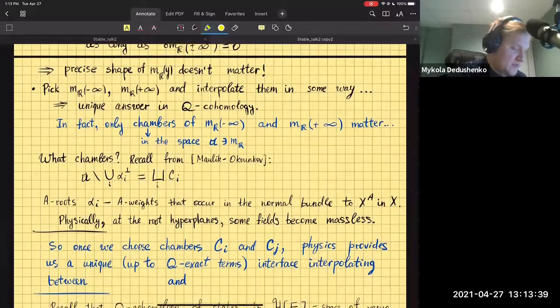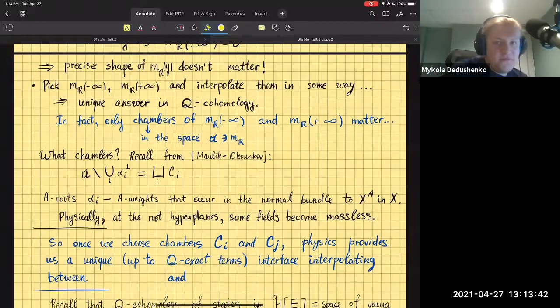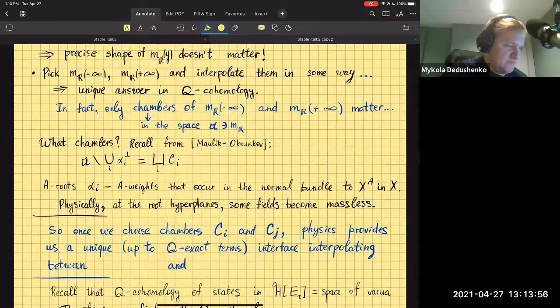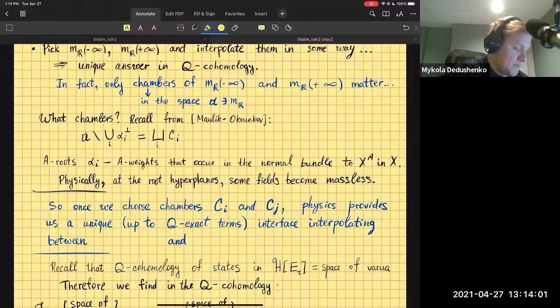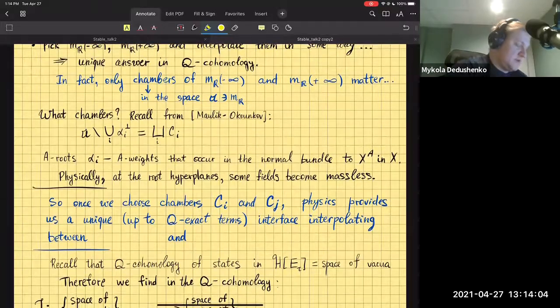And from the physical point of view, at the root hyperplanes, some of the matter fields in your action become massless. So something changes at that locus. Really, the answers usually get some poles due to fields becoming massless. So one just has to choose chambers for the real mass at minus infinity and plus infinity.